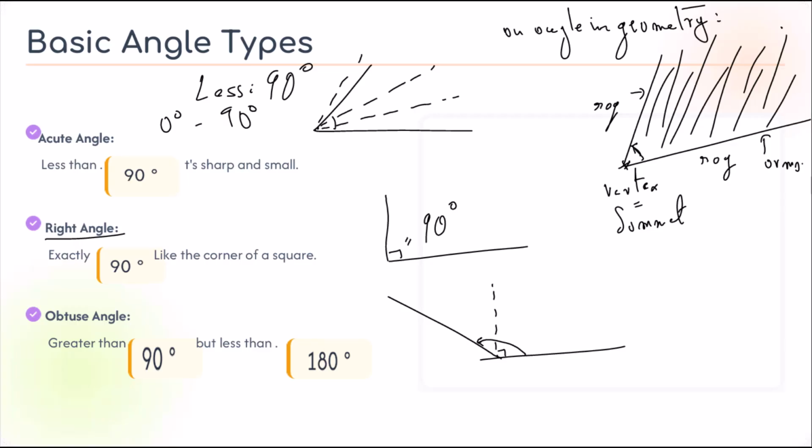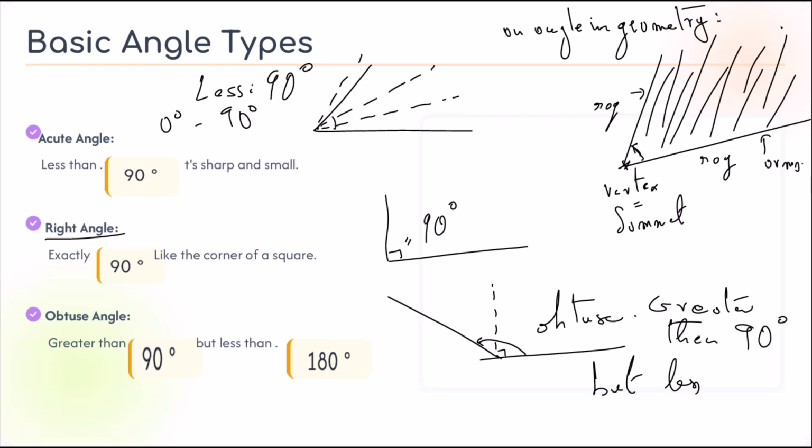The obtuse angle is greater than 90 degrees but less than 180. So something that looks like this, or like this, or even something closer to a straight line.